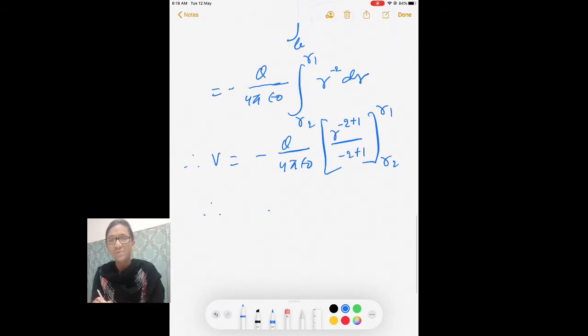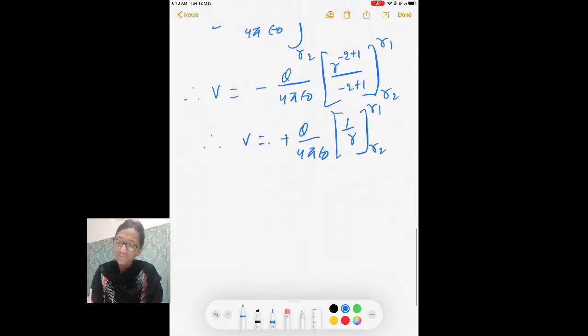Therefore we obtain the potential minus Q upon 4 pi epsilon naught, and this minus minus becomes plus, and here you have 1 by R under limit R2 to R1. So this is your potential.